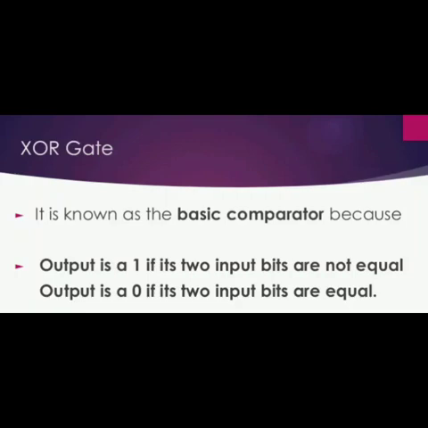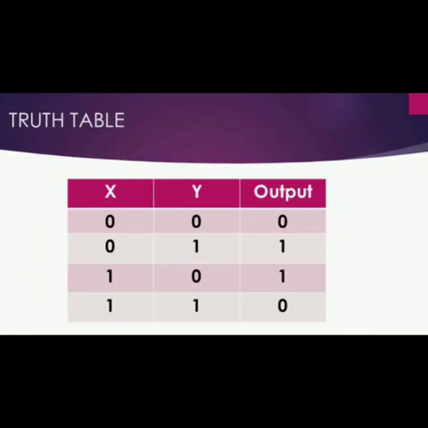The output of an XOR gate is always 1 when its two input bits are not equal. The output of an XOR gate is 0 when its two input bits are equal. So it is called the basic comparator.